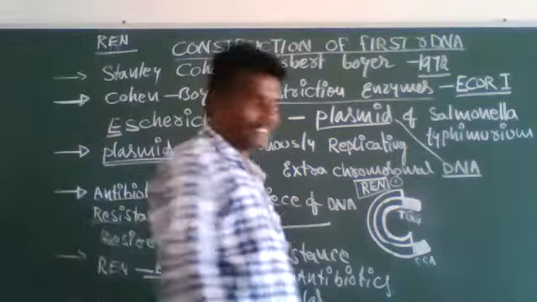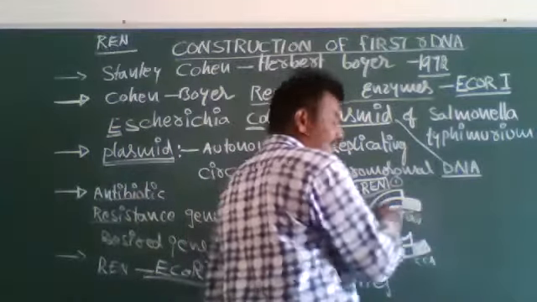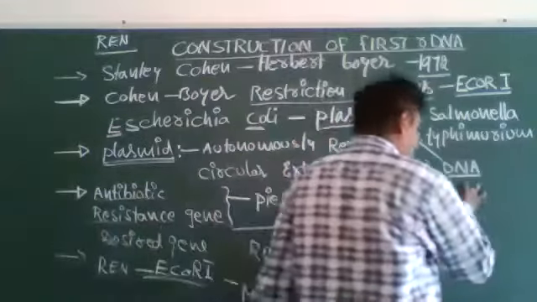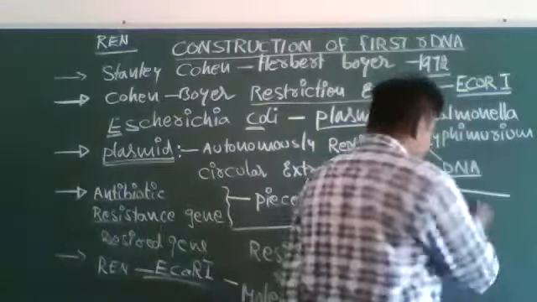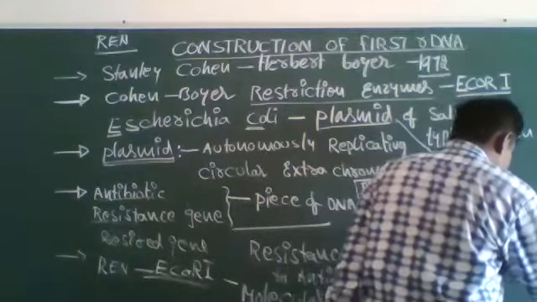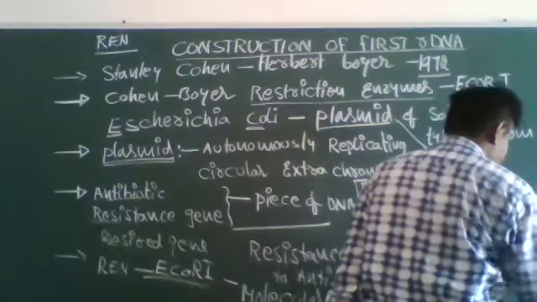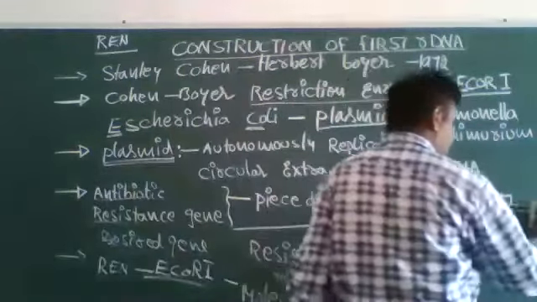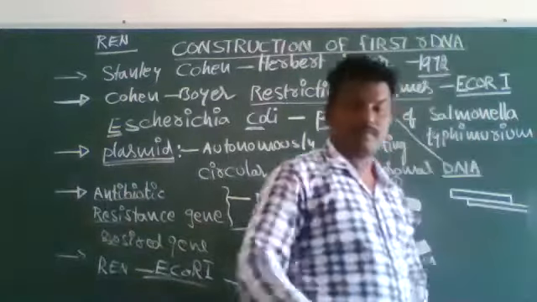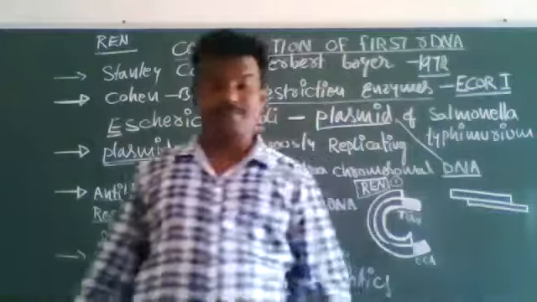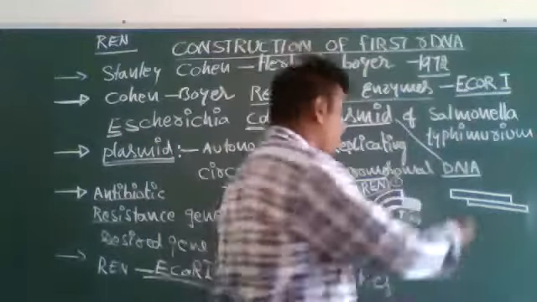In both the cases, the DNA looks like this. This is the antibiotic resistance gene.